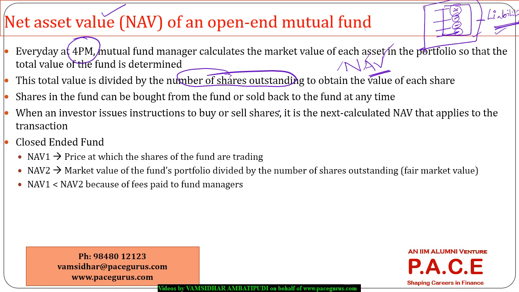If a person is buying new shares from the fund or selling existing shares back to the fund, the buying and selling happens at this particular price. Though the buying and selling can happen at any time, the price at which it is bought or sold is based on the price determined at 4 p.m. It is the next calculated NAV that is applied to the transaction.